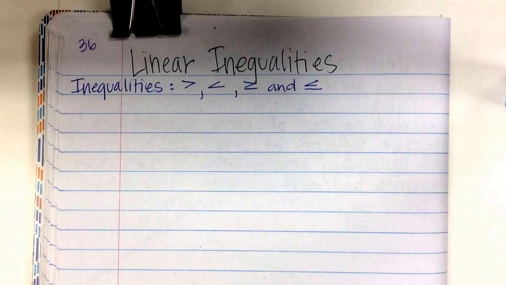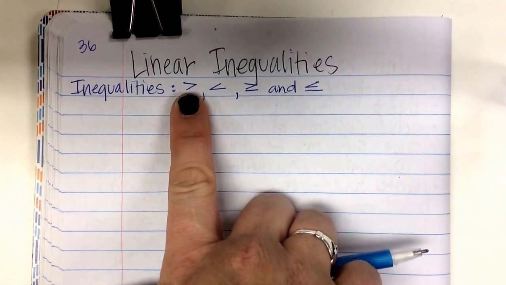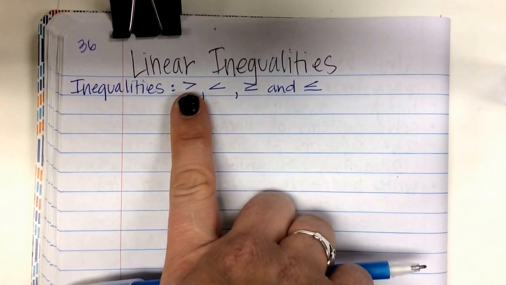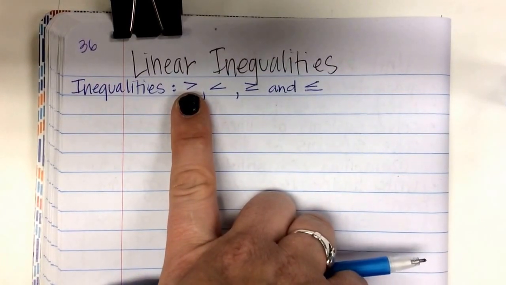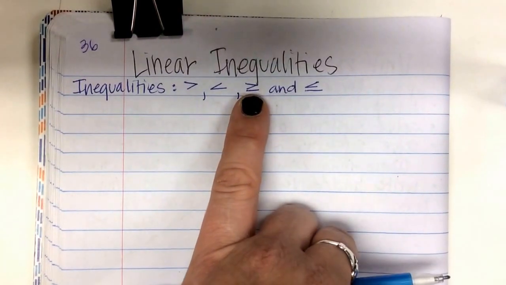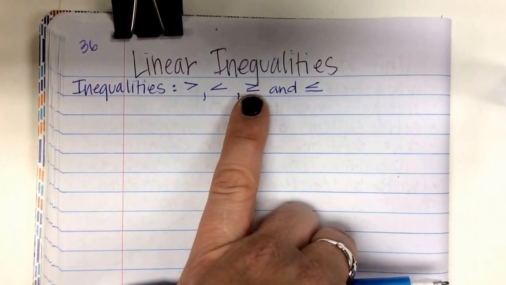And the cool thing about inequalities is there isn't just one answer. Because if I said greater than 8, how many answers are there? Infinite answers, right? Anything that's greater than 8. Remember, if it was greater than or equal to, that changes it a little bit because it also includes the number 8.